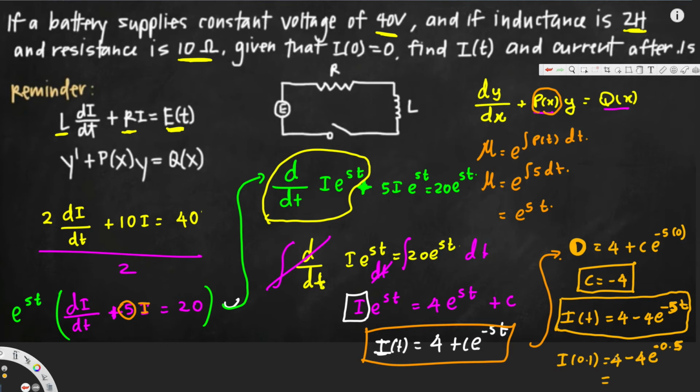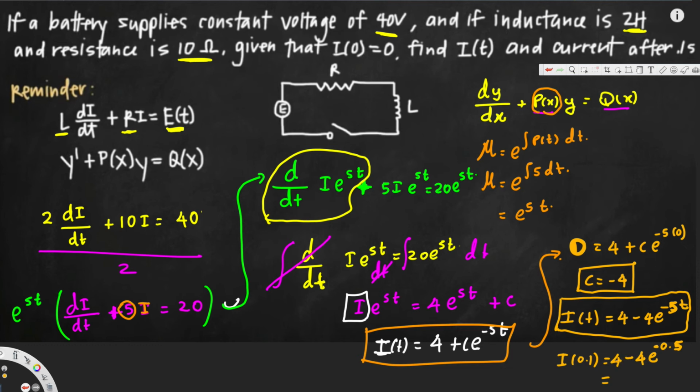Okay, so here we have e power negative 0.5, so 4 over e power 0.5, 4 divided by e power... my calculator is messing it up, and maybe I just leave it as it is, you know.